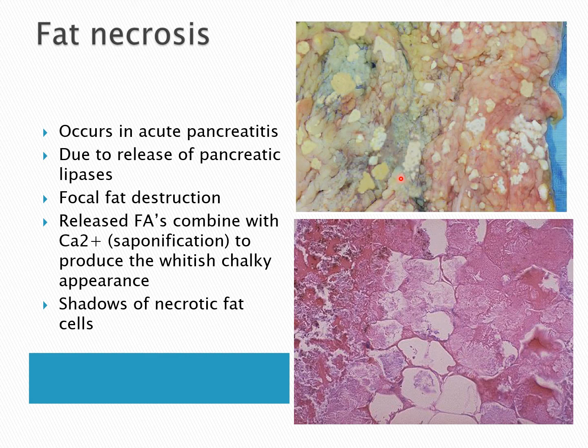Microscopically, we see the shadows of these necrotic fatty cells. So for fat necrosis, we usually first think of acute pancreatitis as the typical example.